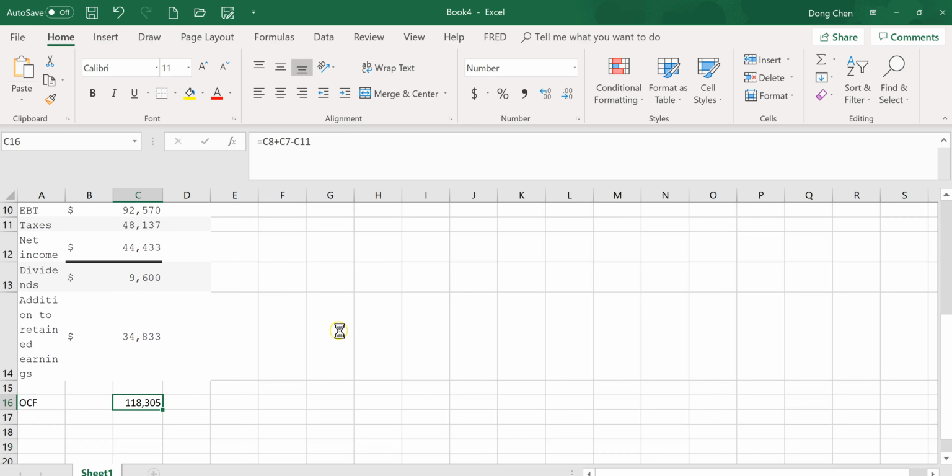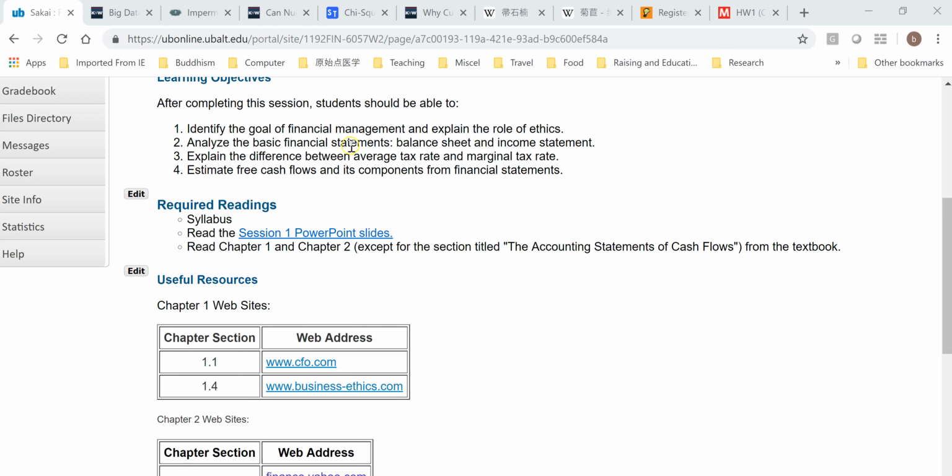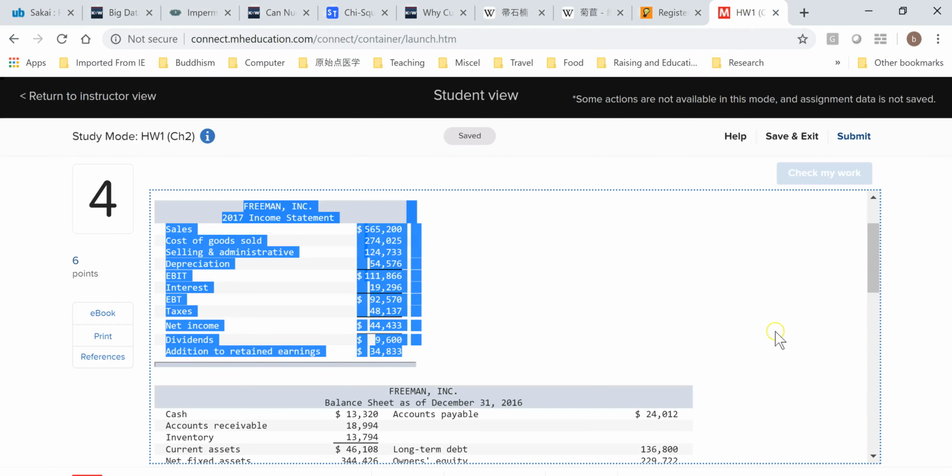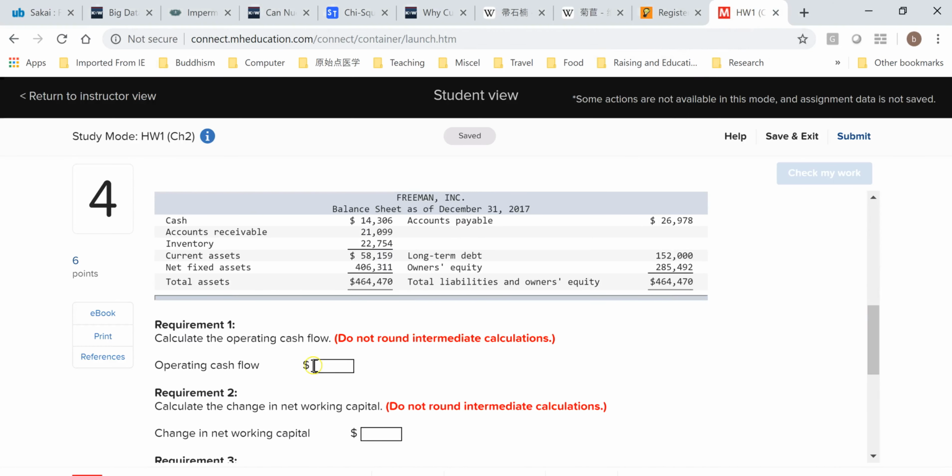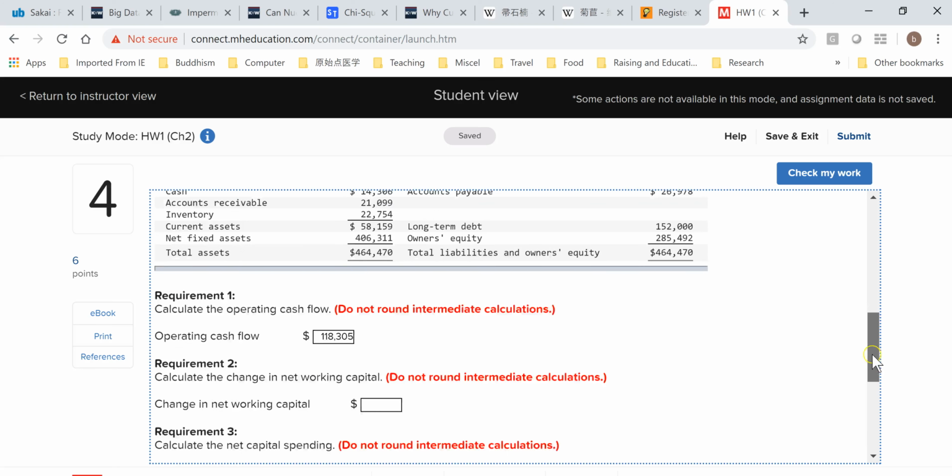We can just directly copy this number back to our Connect operating cash flow. And what's another cool thing about using Excel is that it automatically meets this rounding requirement. Do not round intermediate calculations.